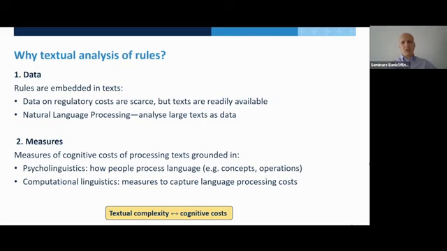So what are the concepts, how many concepts there are, what are the operations that a reader needs to actually process, and computational linguistics provides us measures to capture language processing costs. We want to go beyond just the length, and we focus also on other measures. I'm going to explain measures in detail on the next slides.